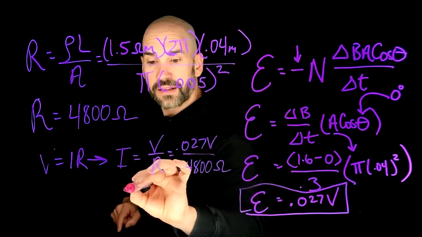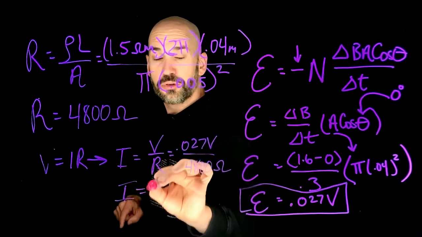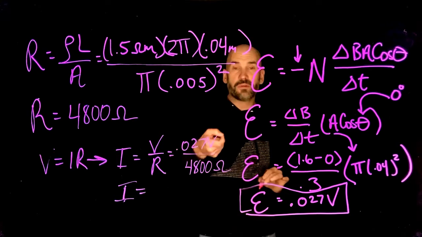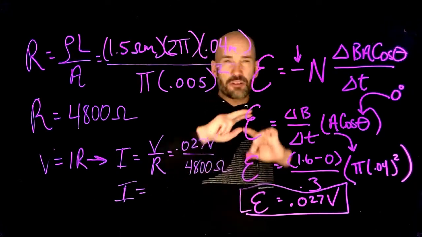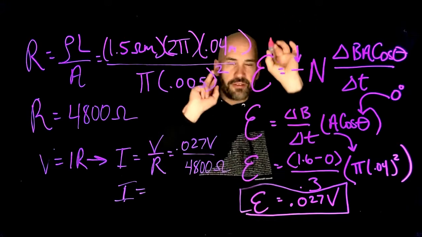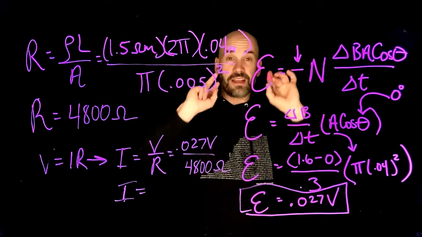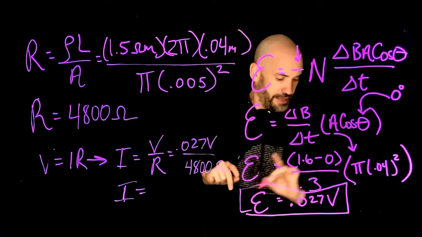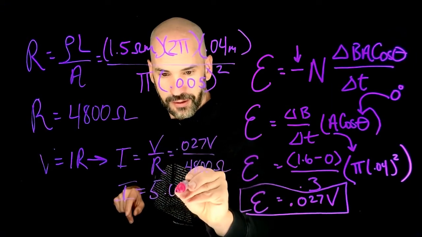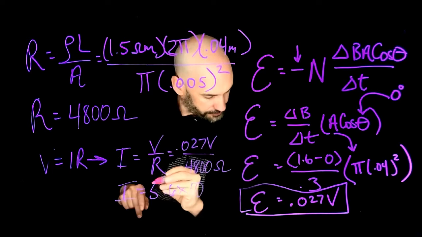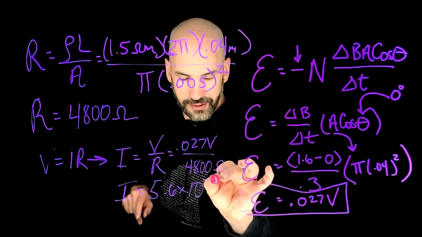Which means the induced current in this little loop of muscle that's detected by the MRI machine, that allows you to image your face or whatever you're MRIing, will be 5.6 times 10 to the minus 6 amps.